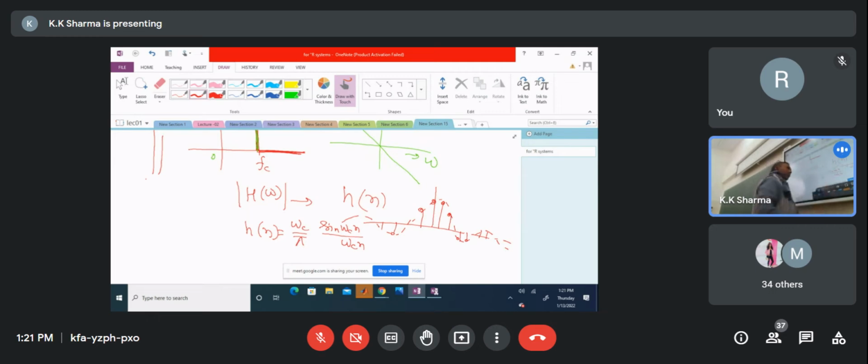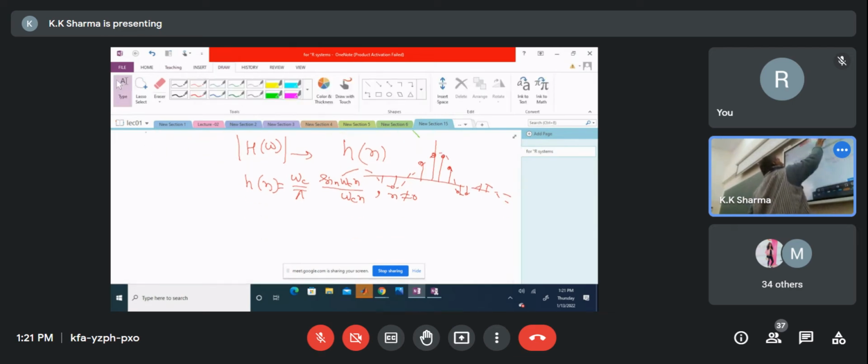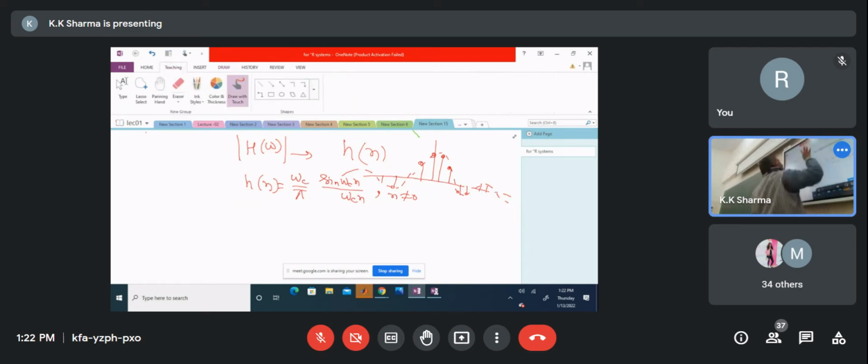This is the exact value of the impulse response of the filter when n is not 0, and if n is 0, this is equal to omega C upon pi.